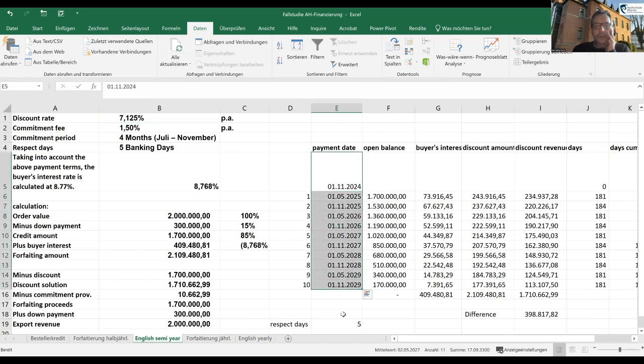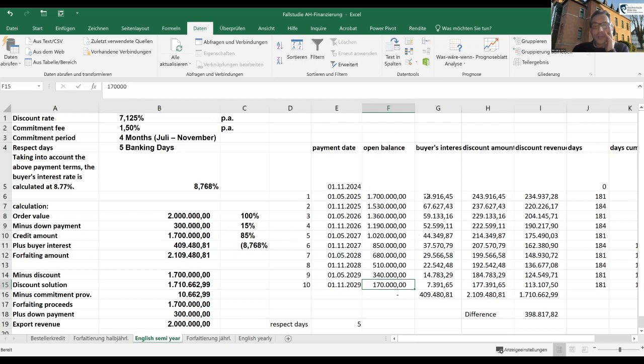That's a finance for then 5 years. And the open balance is reduced every 6 months by 170,000.